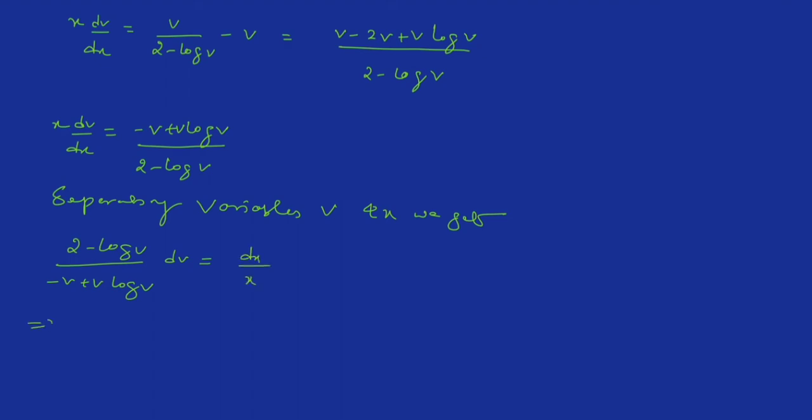We can write 2 minus log v as 1 minus (log v minus 1), similar to the numerator. Taking v common in the denominator, we write v(log v minus 1) in positive terms, and dx upon x as it is.